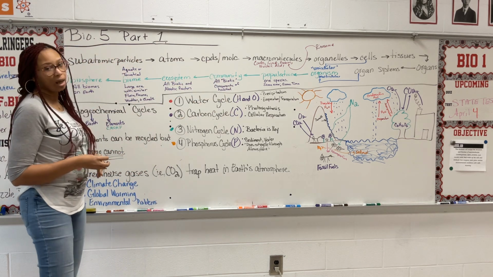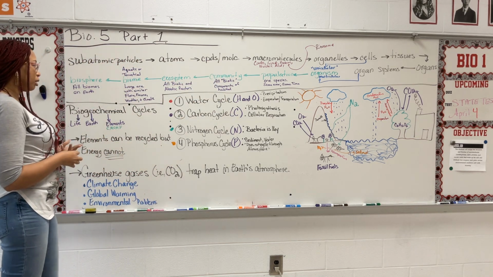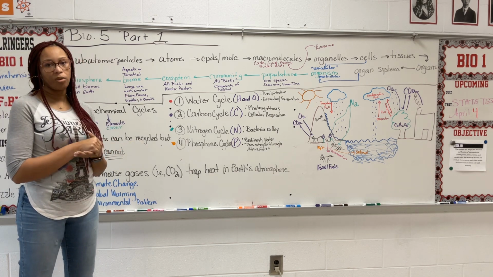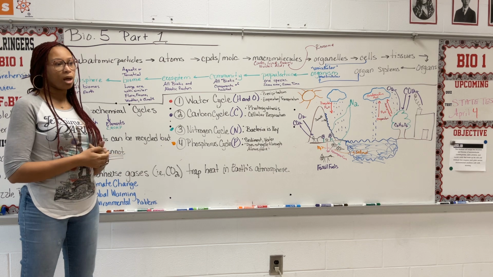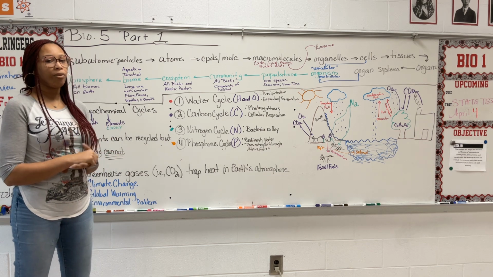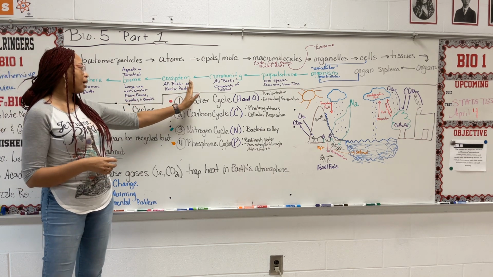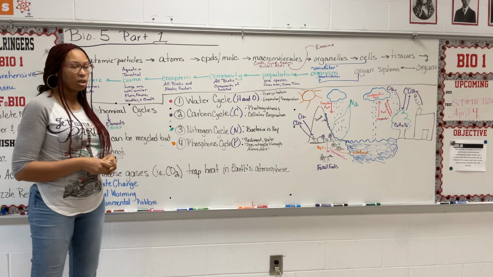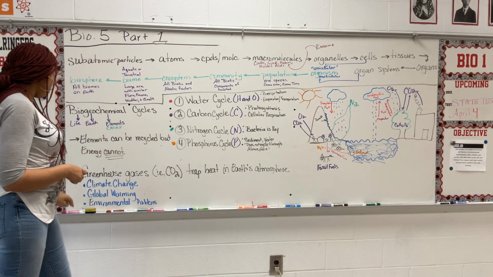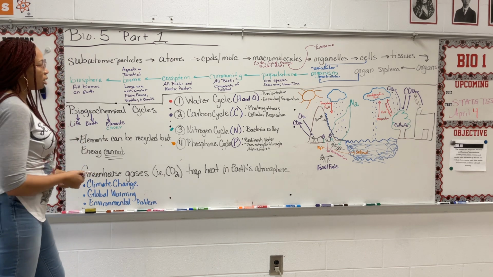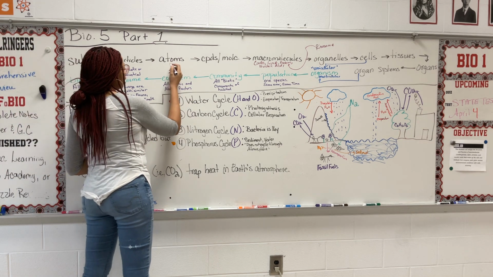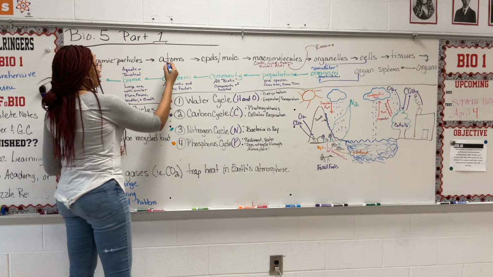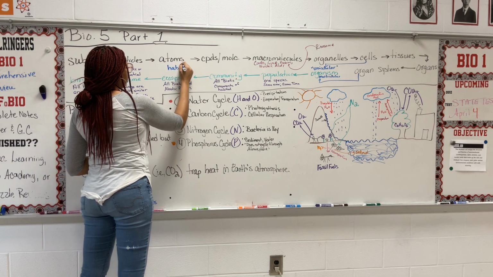Now, if I take into account all of the abiotic factors along with the biotic factors, so now I'm going to talk about the water, the amount of sunlight, the soil. When I start adding in the abiotic factors with the biotic factors, this is going to be an ecosystem. Now, each one of these organisms lives in a specific area, and the area that they live in is called their habitat, okay?